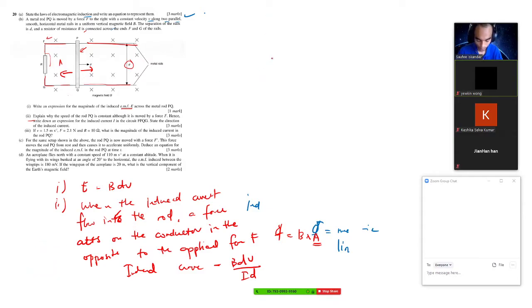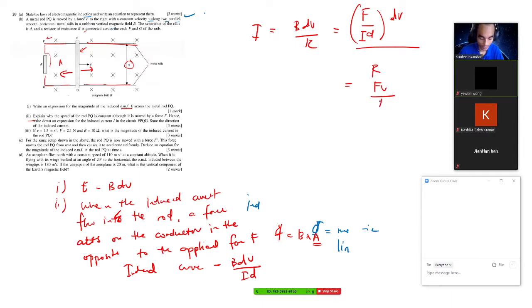So I equals B d V divided by R. So F over I d times V d, because F equals I times B d. This is I B d V over R. So you have F V equals I squared R. Okay, so I will be equal to the square root of F V divided by R.